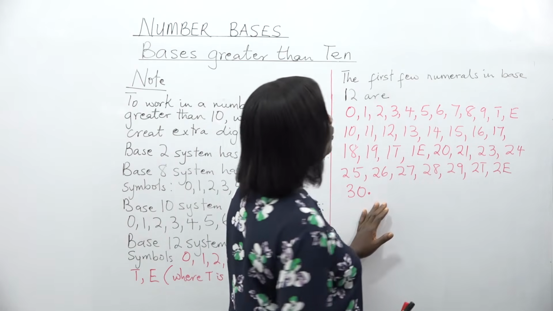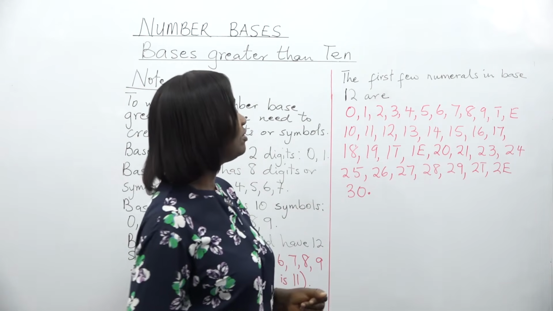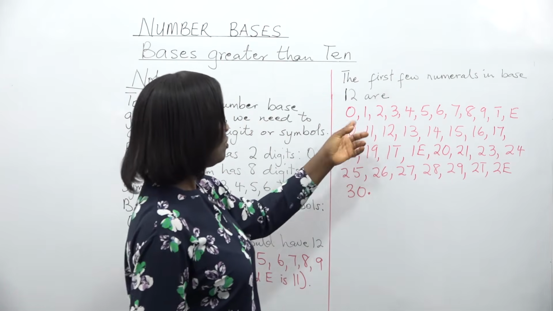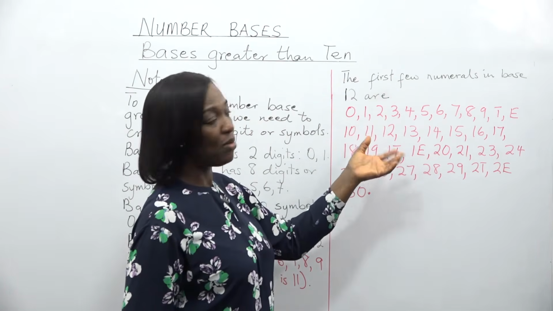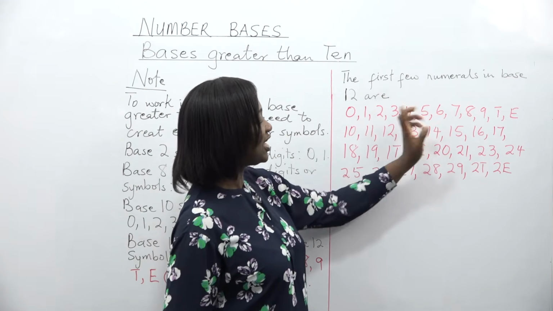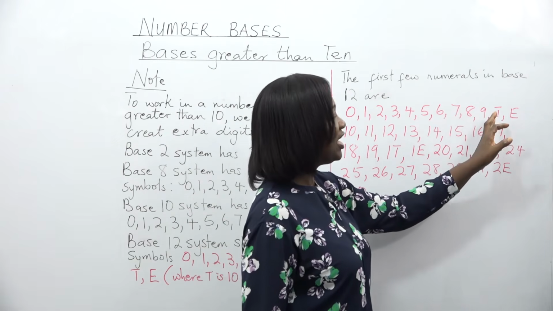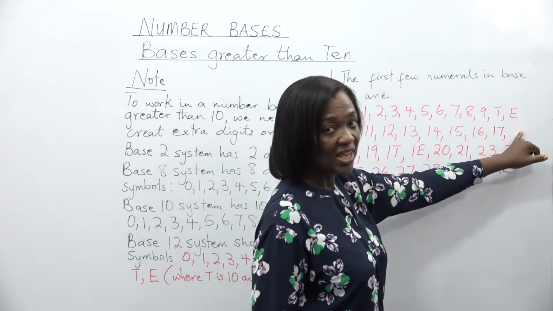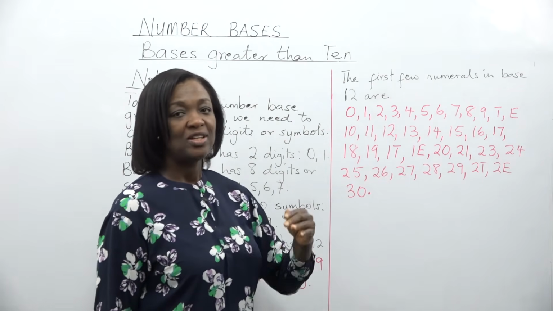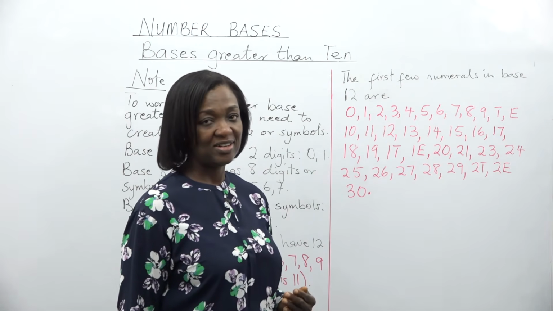So let's look at the first few numerals, the first few numbers in base 12. 0 is the first. So these are actual numbers now. 0, 1, 2, 3, 4, 5, 6, 7, 8, 9. Then we have our T, and we have our E. And then 10, because 12 in base 10 is equal to 10 in base 12.